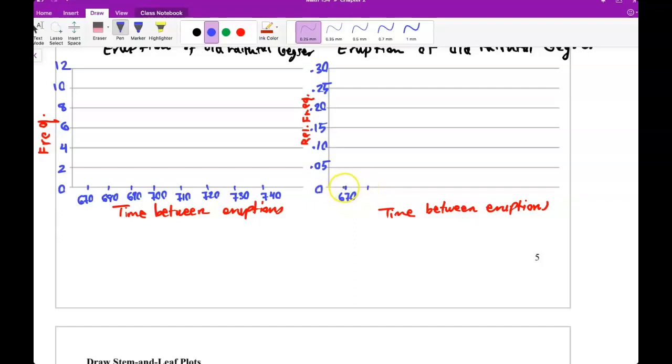That's fine, because we're not able to write that number here. So we can write this way. It doesn't matter. So 680, 690. Same numbers.